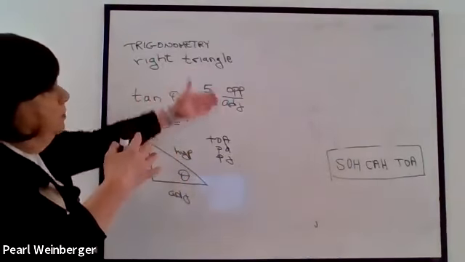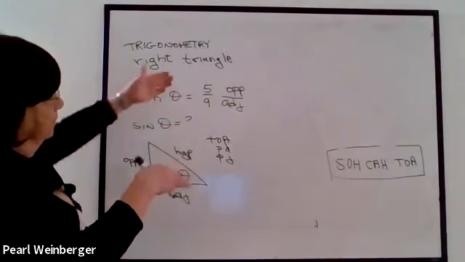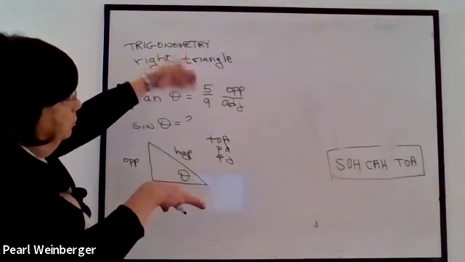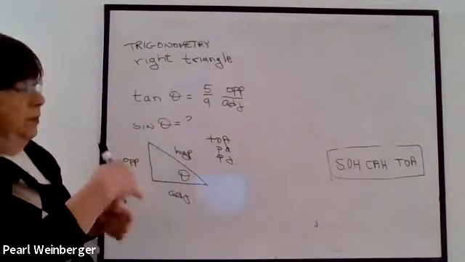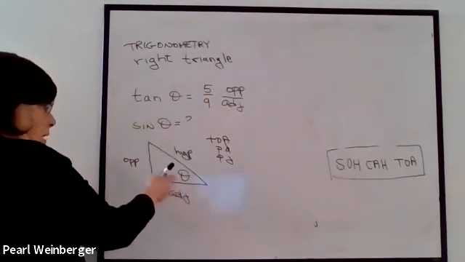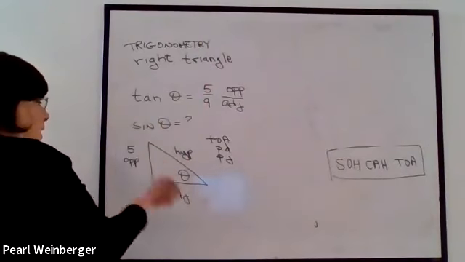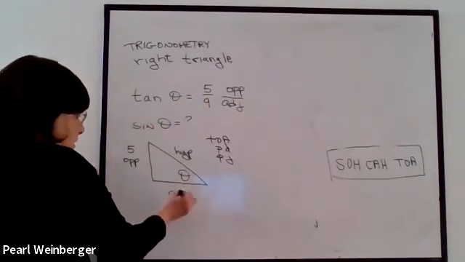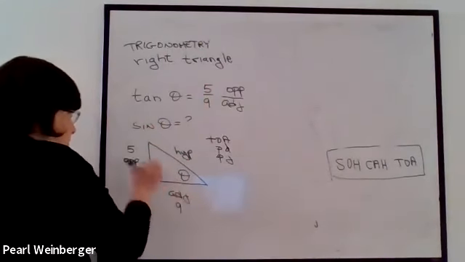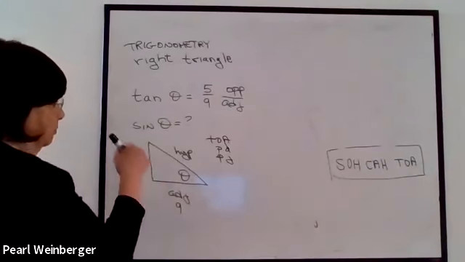Or it's some equivalent numbers. If this were in decimals, I'd put it over 1 and do the same thing with the decimals. So on my picture, the opposite side is 5 and the adjacent side is 9.